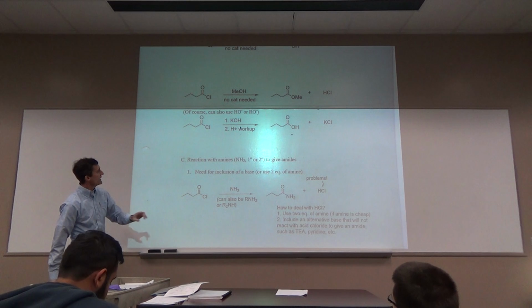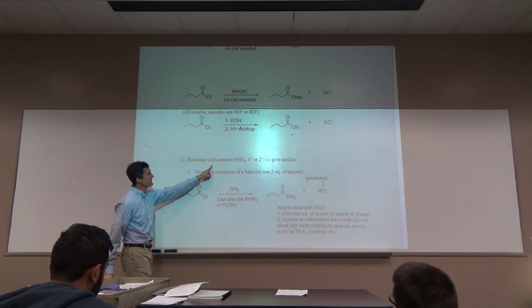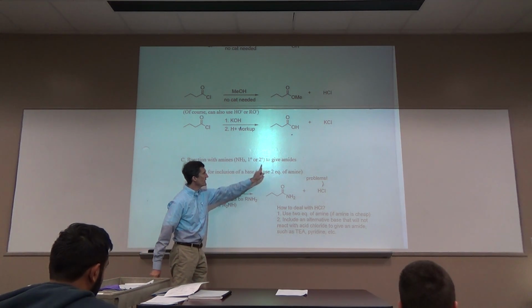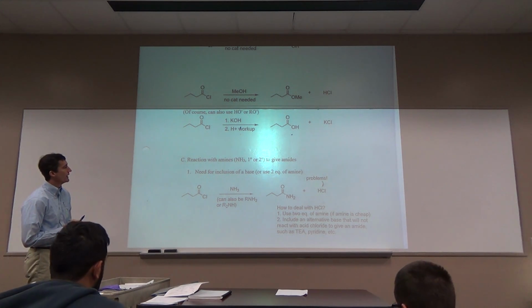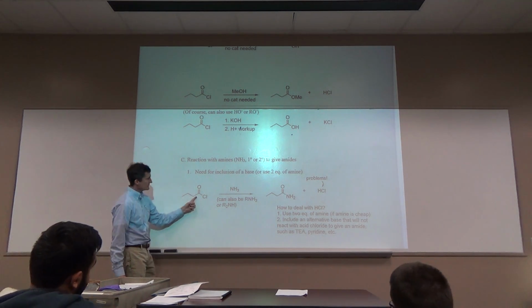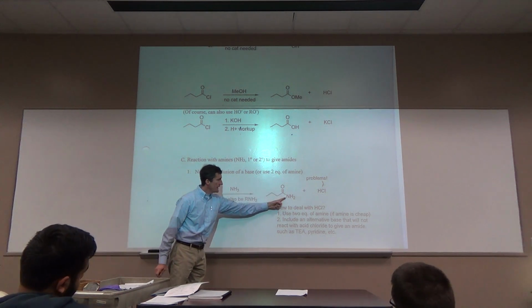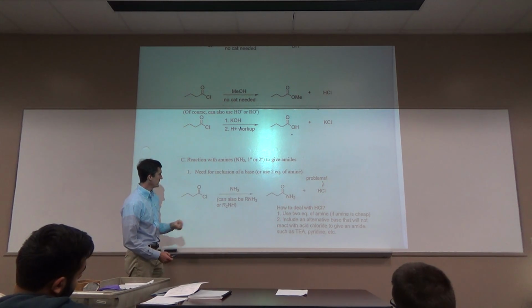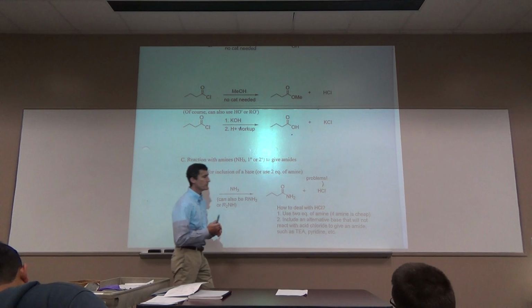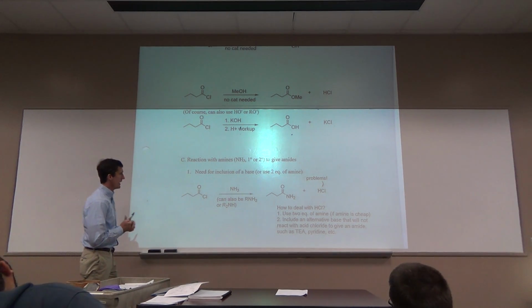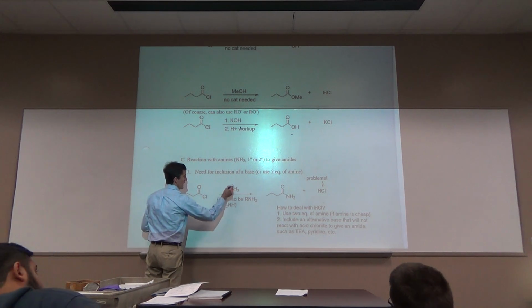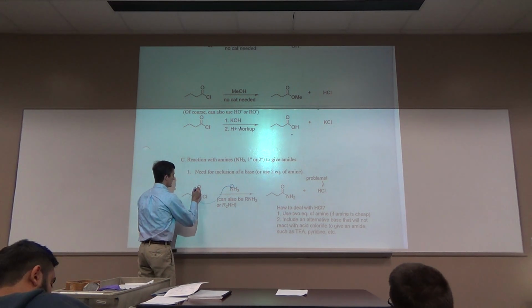Okay, another reaction of acid chlorides. Reaction with amines. Ammonia, primary and secondary amines to give amides. Acid chloride, ammonia, you can get amide, plus maybe HCl if you just strictly balance it. The electrons here, electrons up.